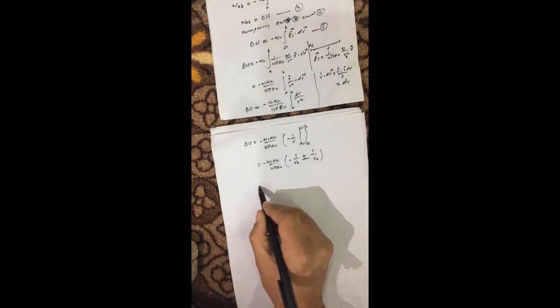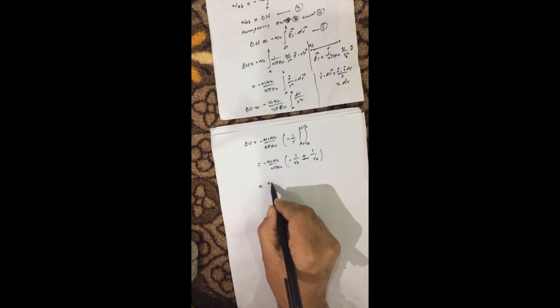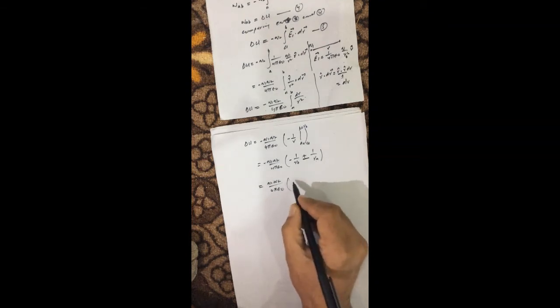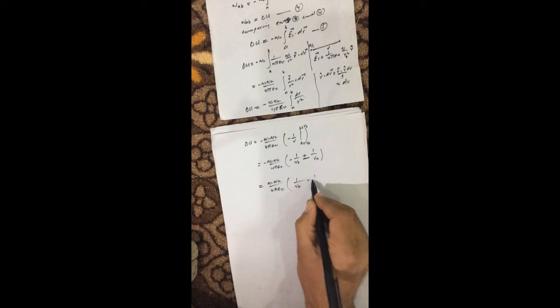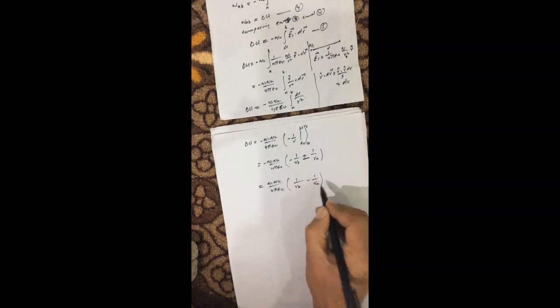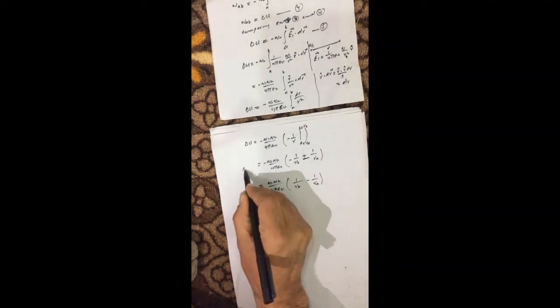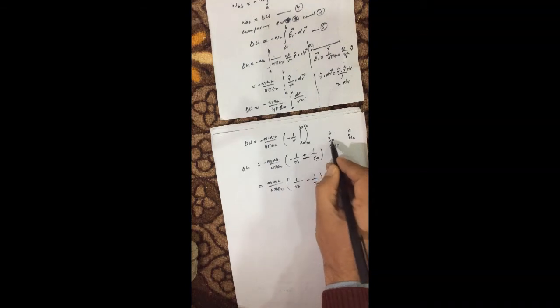So this will become positive. If we simplify it, we get Q1 Q2 over 4 pi epsilon naught into 1 over RB minus 1 over RA. This is the change in potential energy, delta U. But change is, we are moving from point A to point B. So here the potential is UA, here the potential is UB.